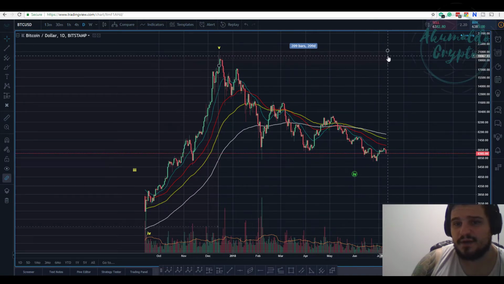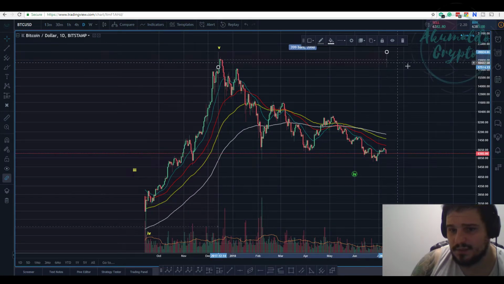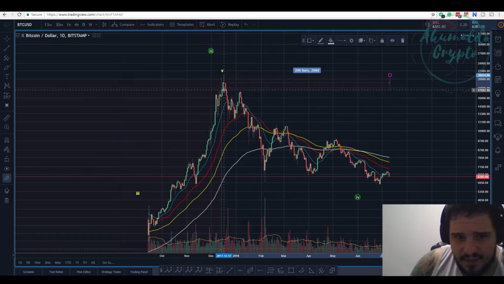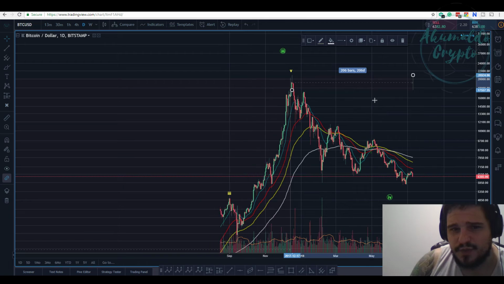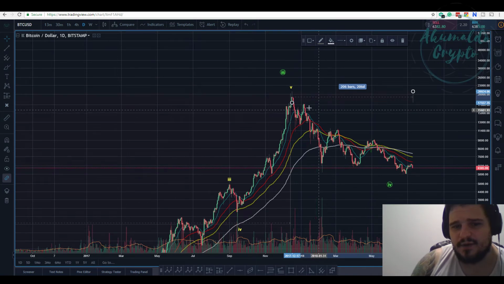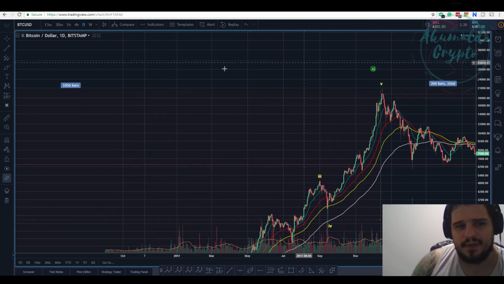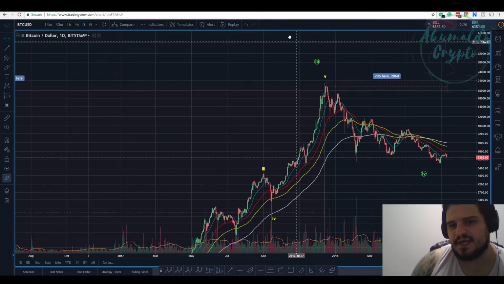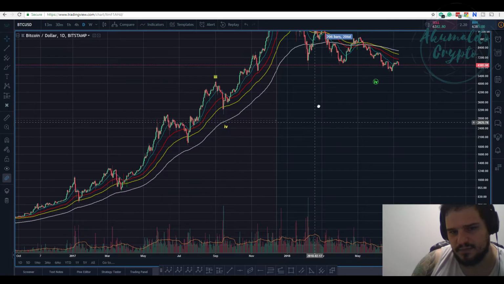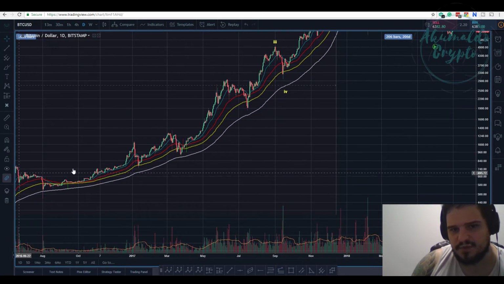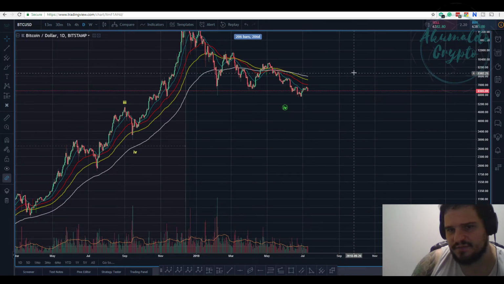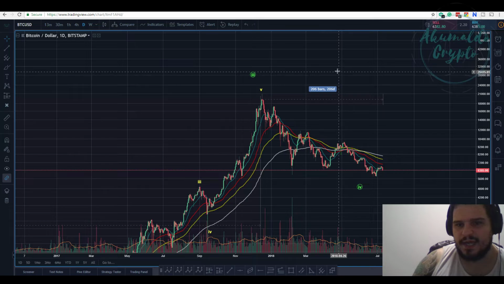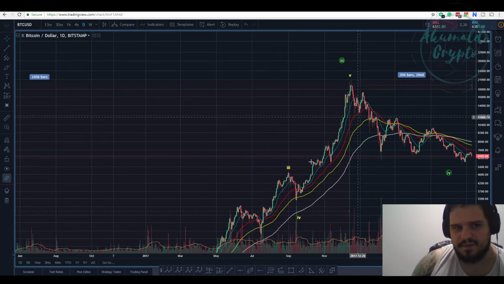We are correcting for 206 days in comparison to 1056 days of impulse movement, not an impulse wave, sorry. This is roughly 18% of the time that we spent going up.